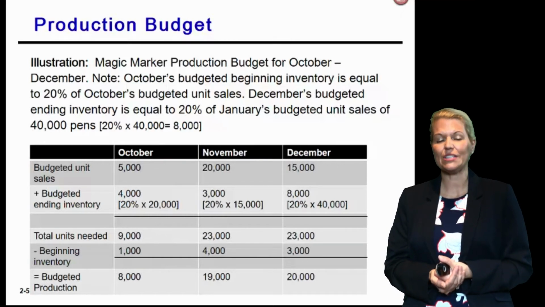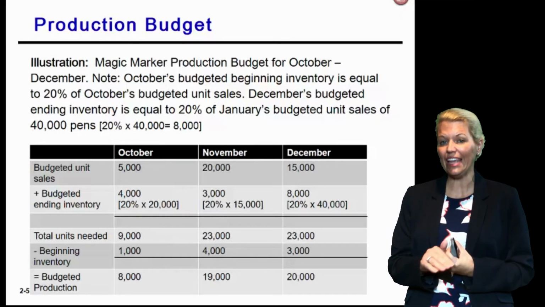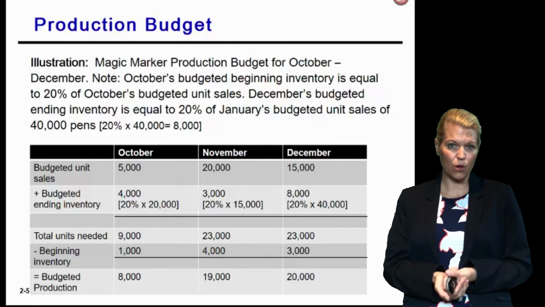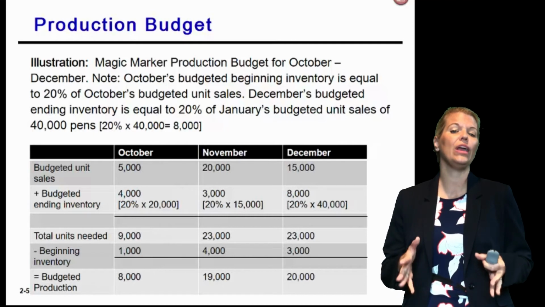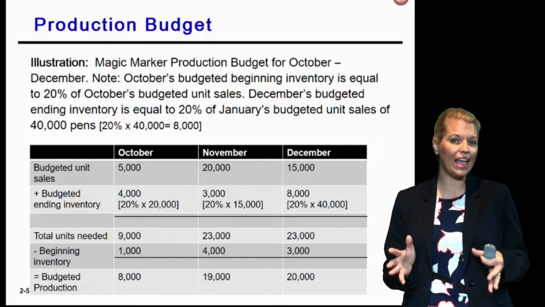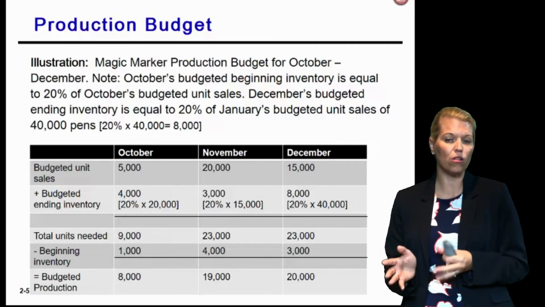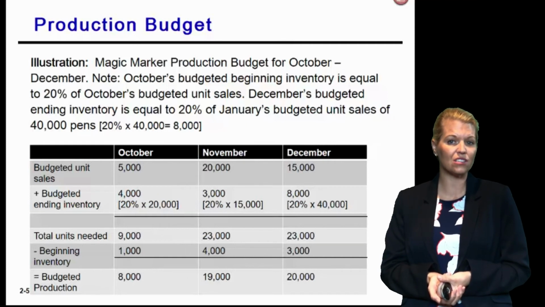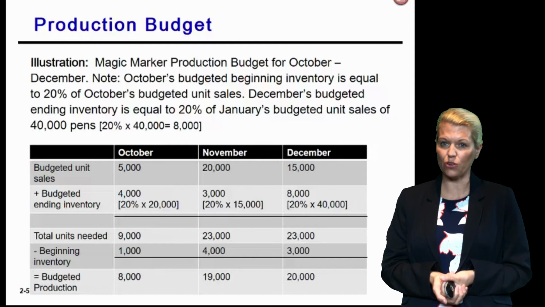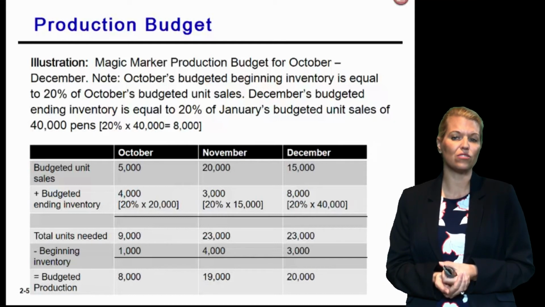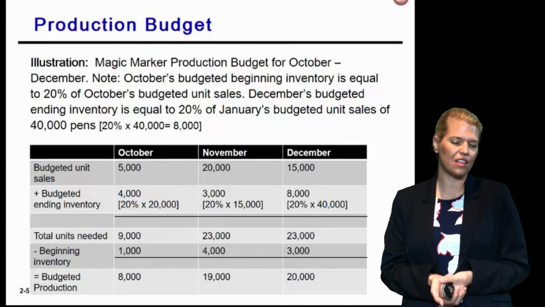So what we do is we say, how many units do we need? If we look at October, we said 9,000, minus how many units do we have already made, which is ready to be sold to customers? It's 1,000. That leaves us with 8,000 units for October, which we need to produce, 19,000 for November, and 20,000 for December.